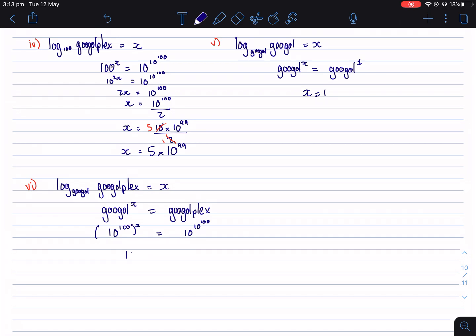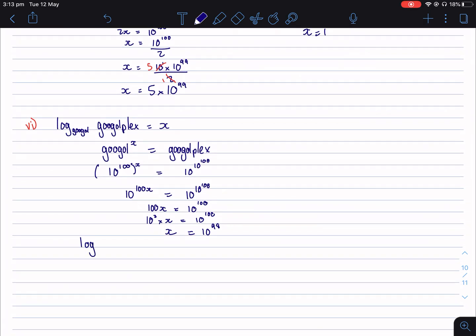So 10 to the 100x equals 10 to the 10 to the 100, which means 100x equals 10 to the 100. So this is 10 squared times x equals 10 to the 100. If I divide both sides by 10 squared, I get x equals 10 to the 100 take 2, which is 98. So the log base googol of a googolplex equals 10 to the 98.